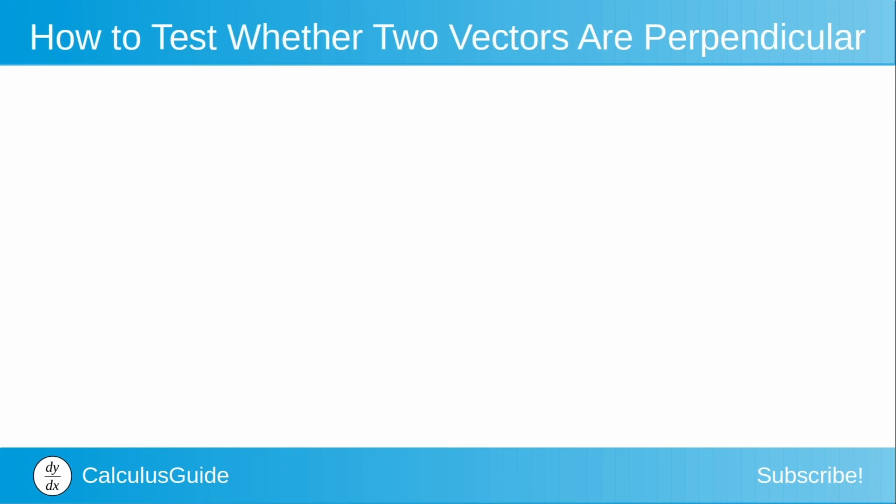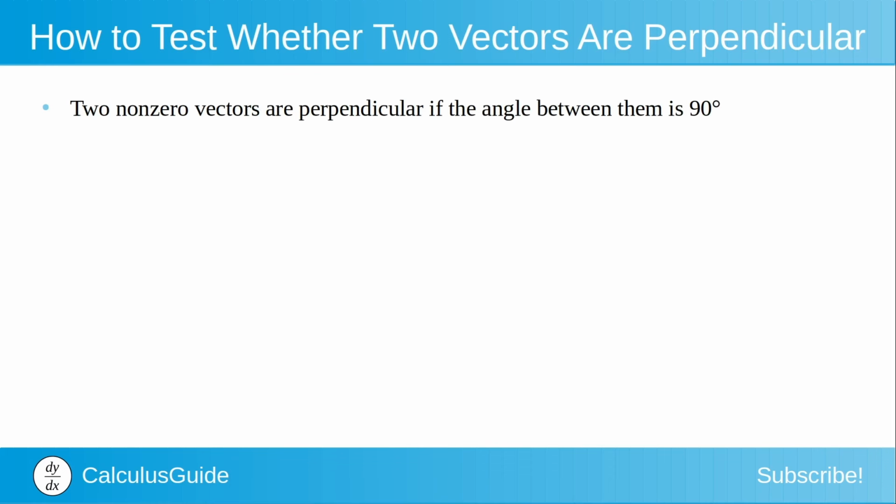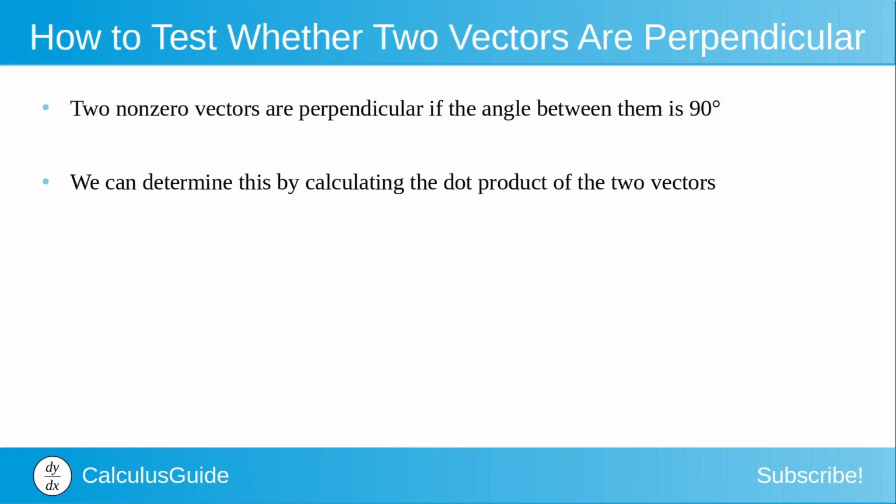I'll now describe how to test whether two vectors are perpendicular. Two non-zero vectors are perpendicular if the angle between them is 90 degrees. We can determine this by calculating the dot product of the two vectors.